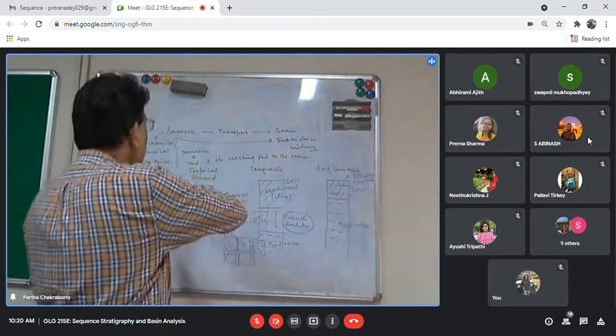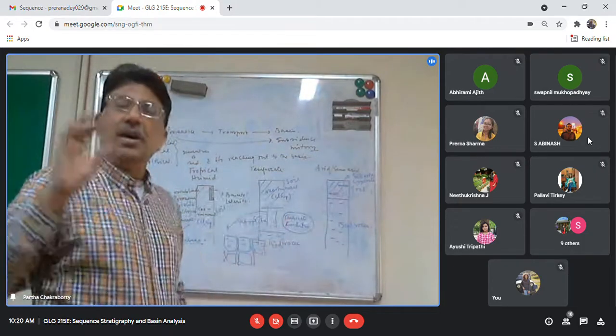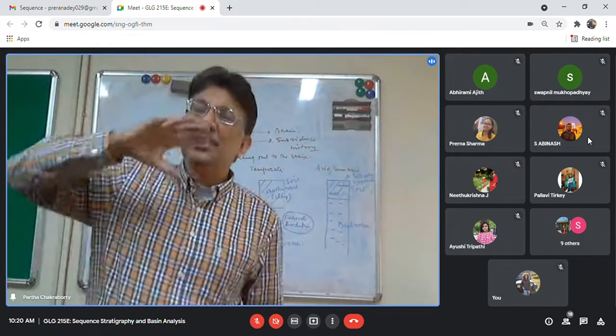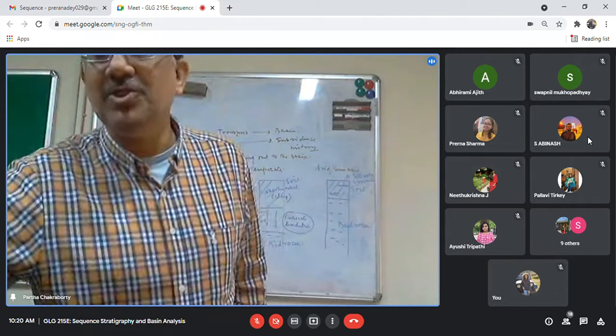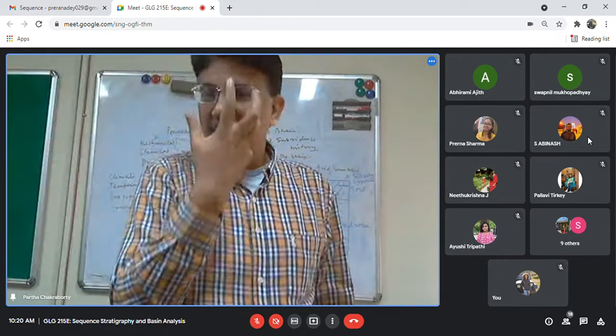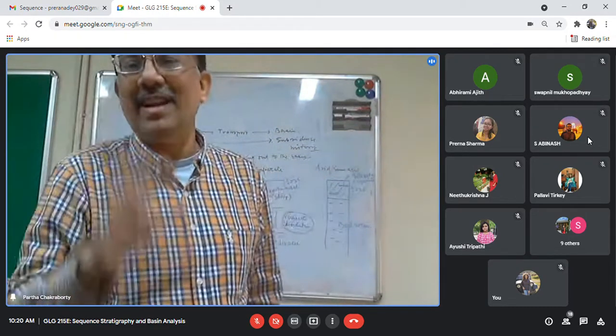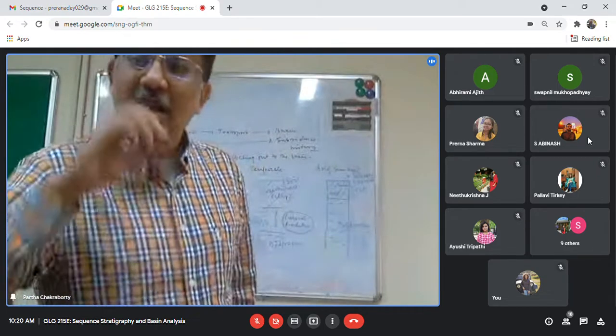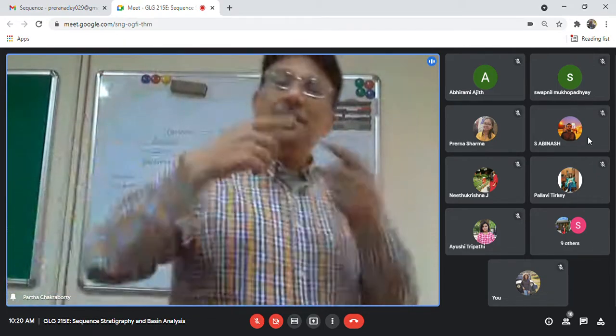So this is the fundamental difference with the same bedrock in three different kinds of climatic zones. What will be the effect of the climate on that particular bedrock to generate the different kinds of products?